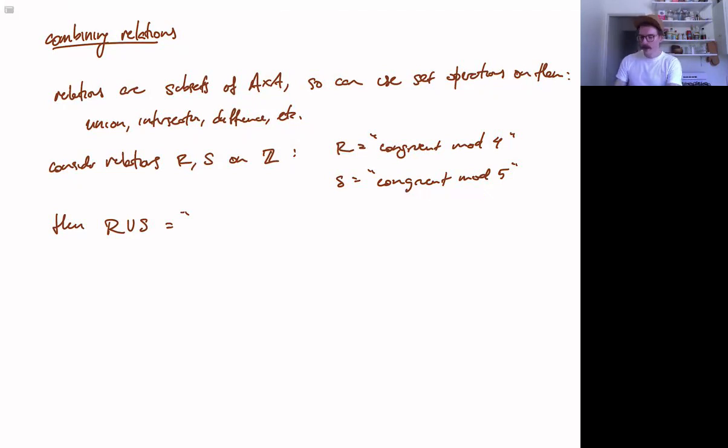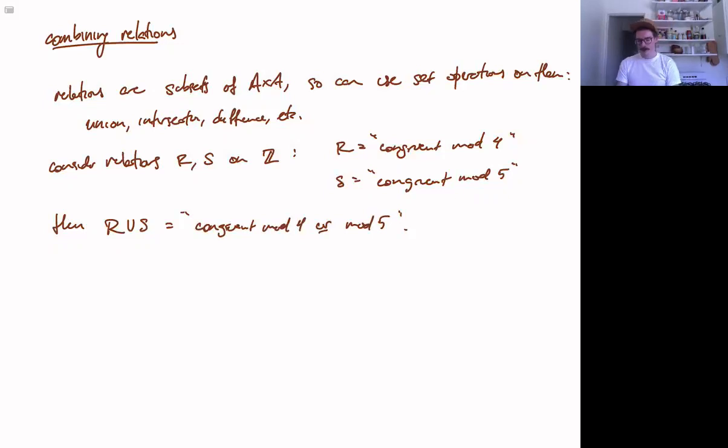R union S says elements are related if they are related in R or related in S. So as we've seen before, union acts as a sort of logical OR type operation. So congruent mod 4 or mod 5.